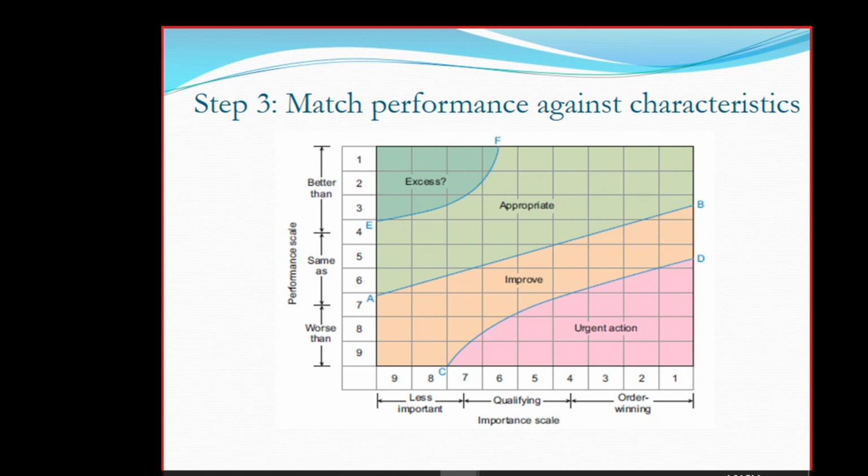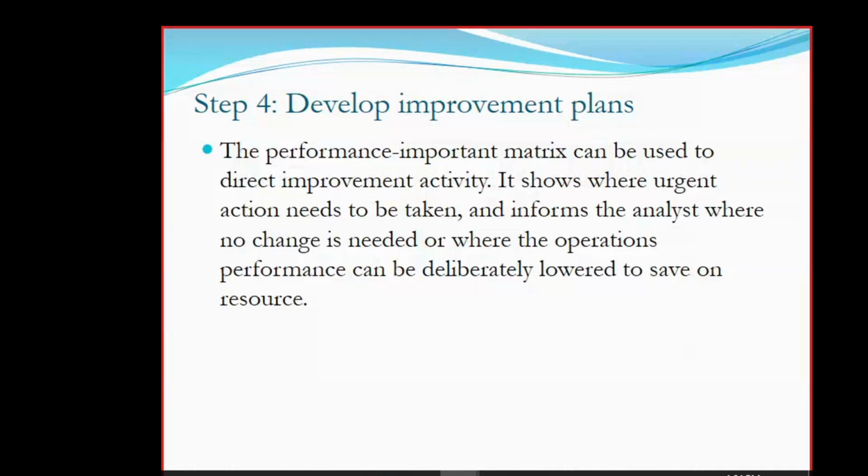This matrix can be used for direct improvement activity. It shows where urgent action needs to be taken and informs the analyst where no change is needed or where the operations performance can be deliberately lowered to save on resources.